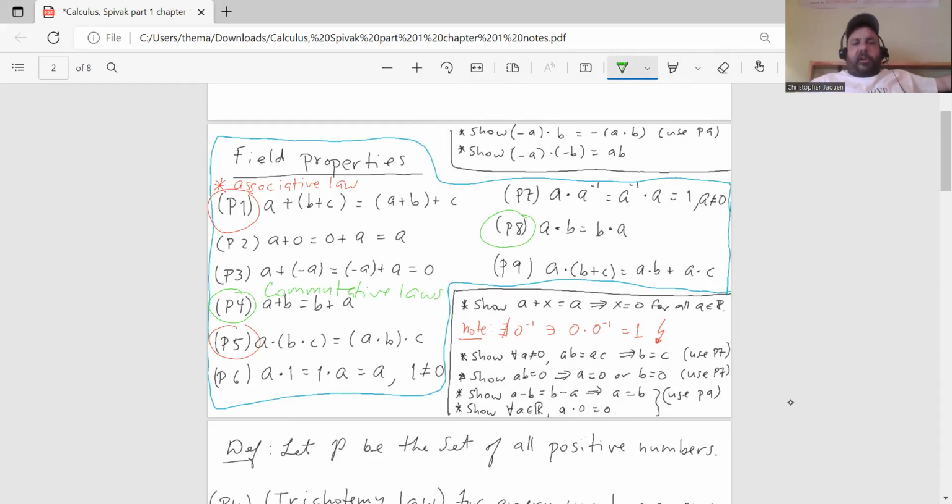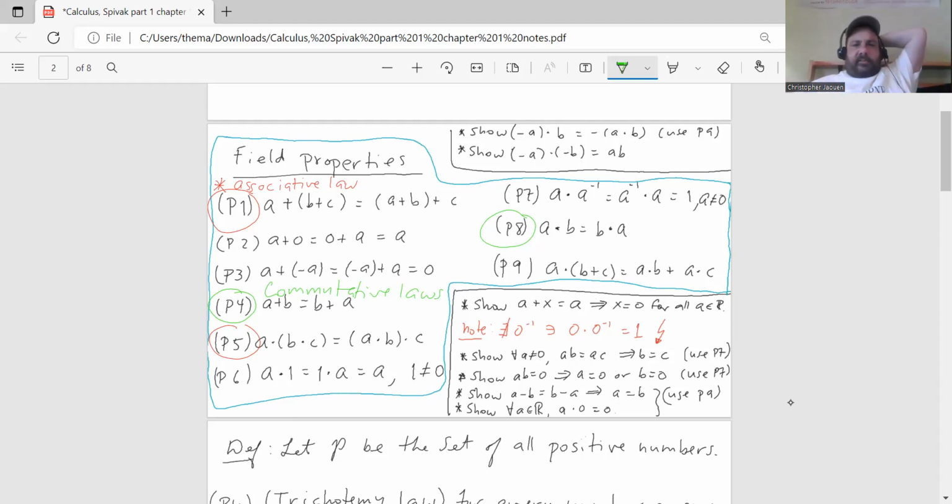P4 is a commutative law for addition, and P8 is a commutative law for multiplication. And commutativity just means that it doesn't matter the order that you add numbers together. So if you add a plus b, that's the same number as b plus a, and same thing for multiplication. a times b is the same thing as b times a. So the green ones are examples of commutative laws.